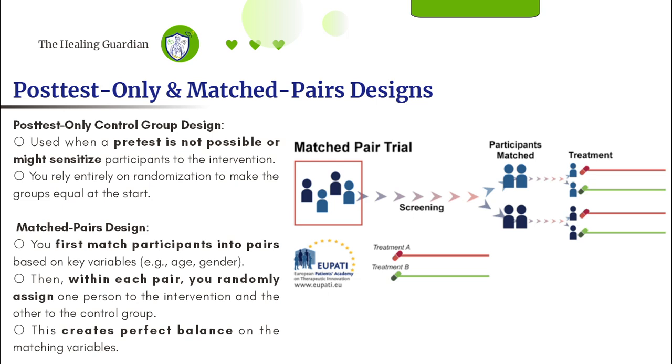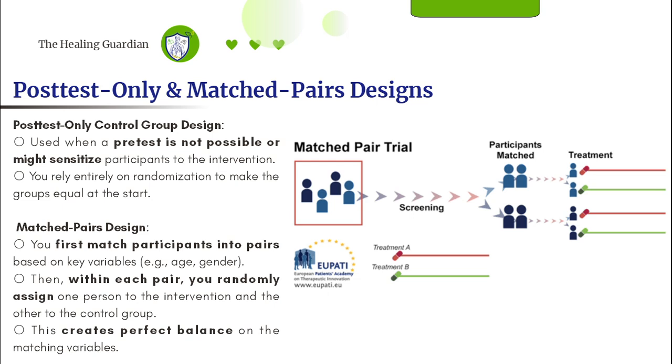Then you randomize within each pair who will go to which group, either intervention or control group. So this creates a perfect balance on the matching variables. And the matched pairs design ensures a more even distribution of the confounding factors.